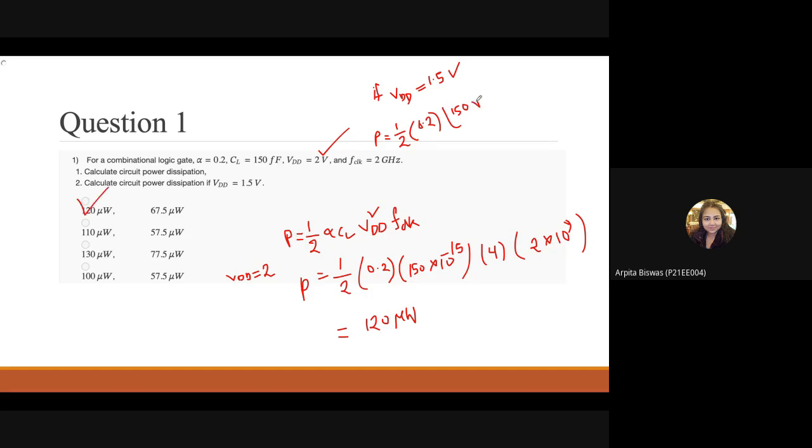150 into 10 to the power minus 15 into 1.5 whole square. VDD square into FCLK. FCLK is 2 gigahertz, that's 2 into 10 to the power 9.